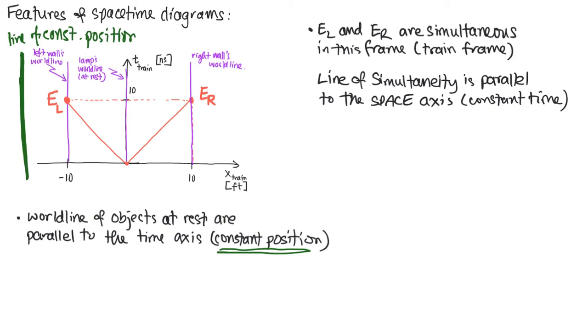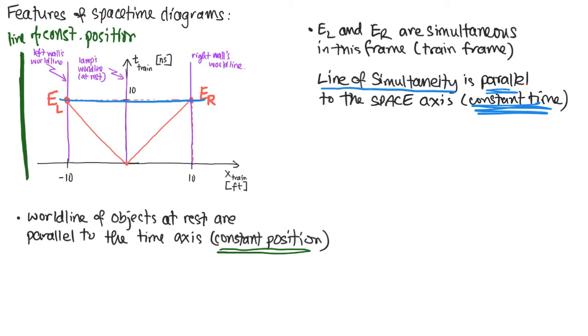Let's pick maybe blue for our line of simultaneity. And we notice that a line of simultaneity is parallel to the space axis. It's a line of constant time. What that means is any point on this blue line has the same time coordinate, 10 nanoseconds. So not always horizontal, but in general, that line will be parallel to the space axis.